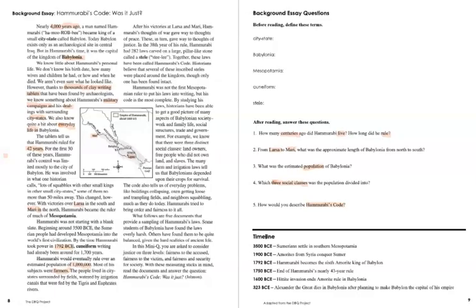All right, up to the second column. After his victories at Larsa and Mari, Hammurabi's thoughts of war gave way to thoughts of peace, and this in turn gave way to thoughts of justice.